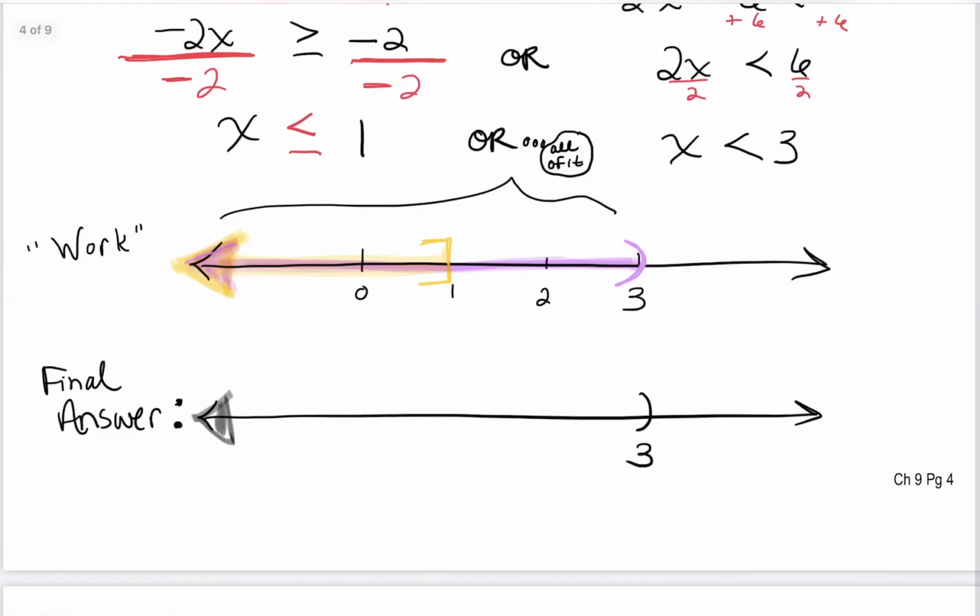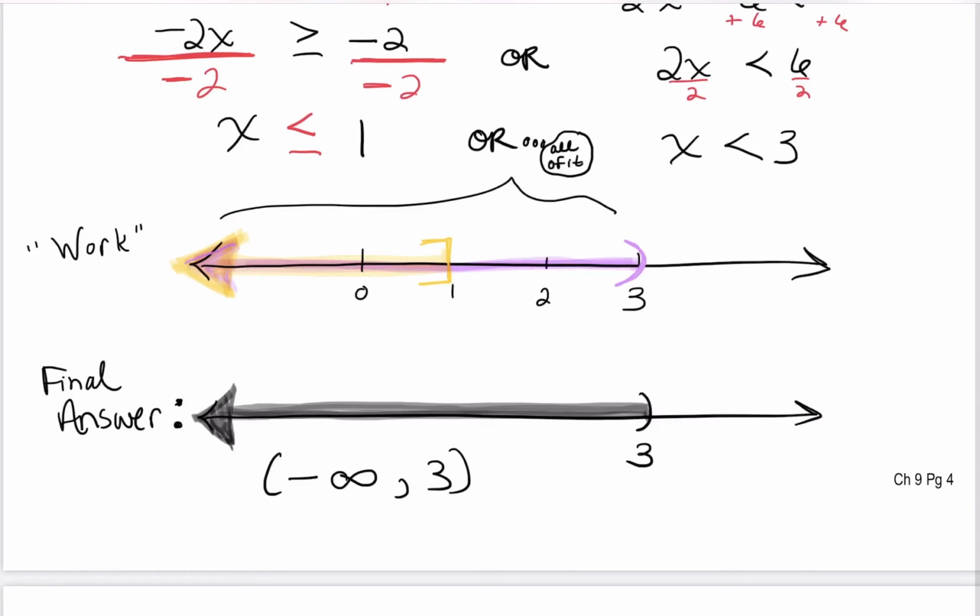So this is everything. What I want you to be careful of is, and I think this will happen more, especially as we move into the next section, sometimes people start to fall into a bad habit of assuming that every single or problem is going to be like two ends of a graph shaded out in opposite directions, and that every time we have an and, it's what's in the center.